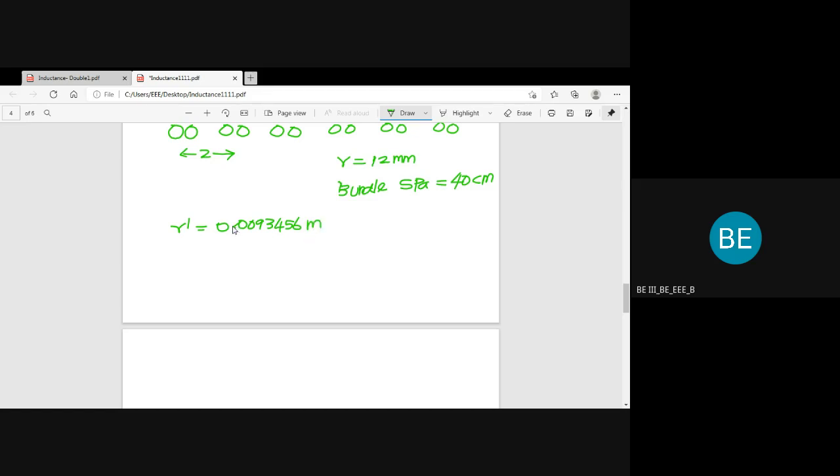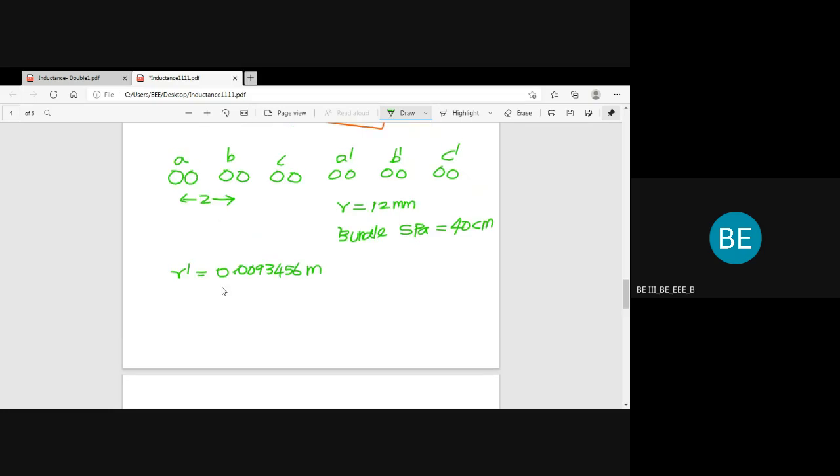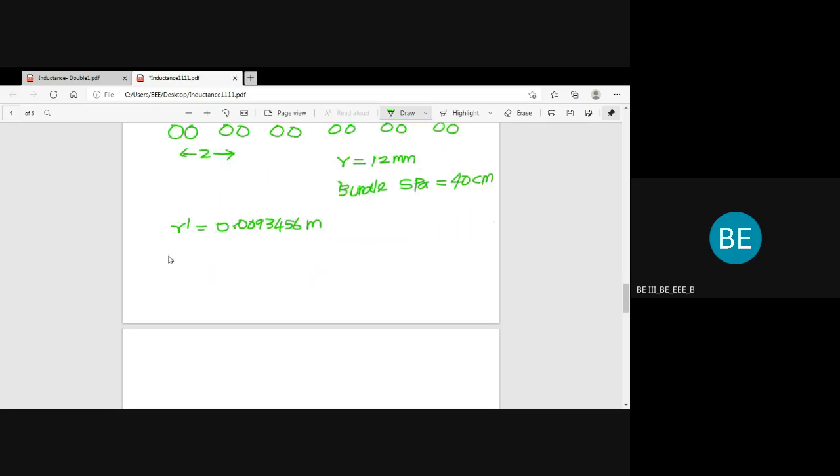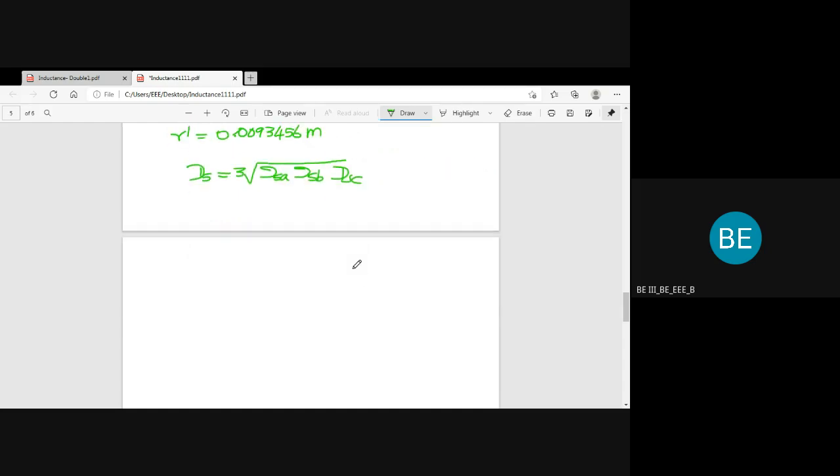So we have to find out Ds value, right? So Ds value, so we know it will be cubic root of dSA, dSB, and dSC. So we have to find out dSA.